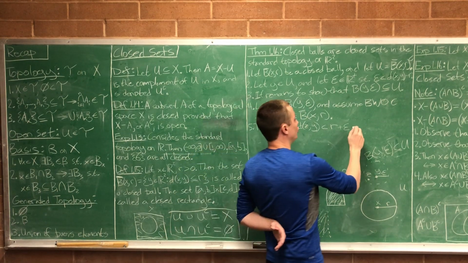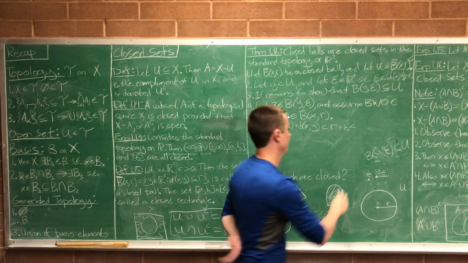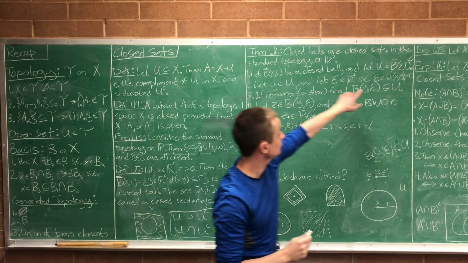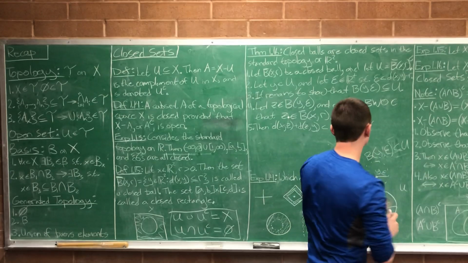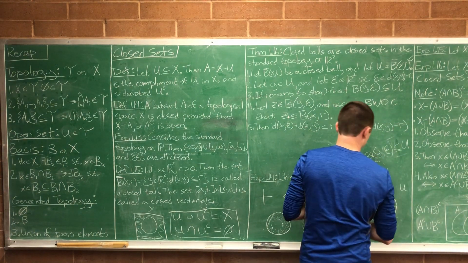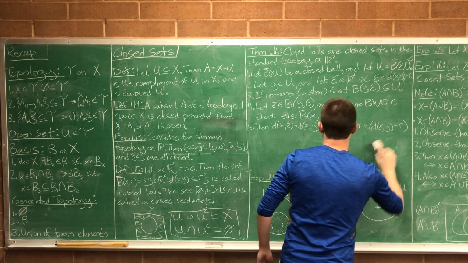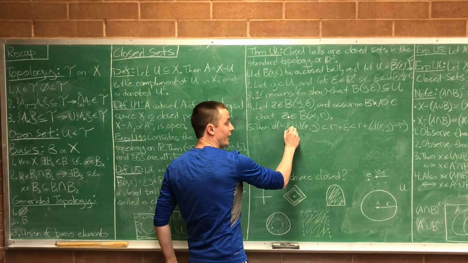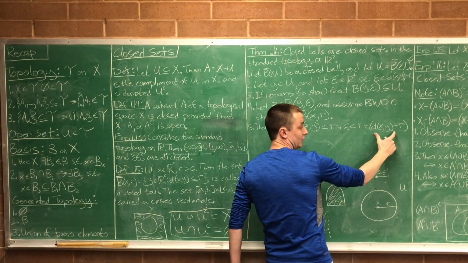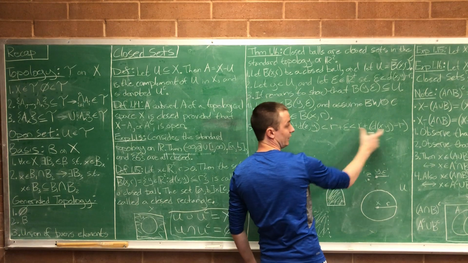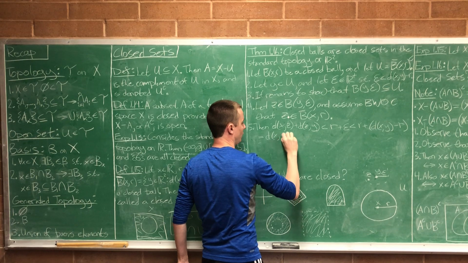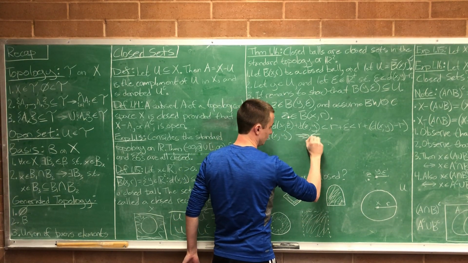But by definition, epsilon is less than the distance from x to y minus R. So making that substitution, this is now less than the distance from x to y. Contradiction.